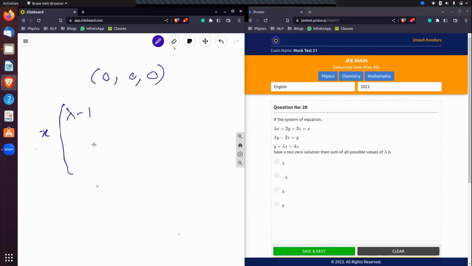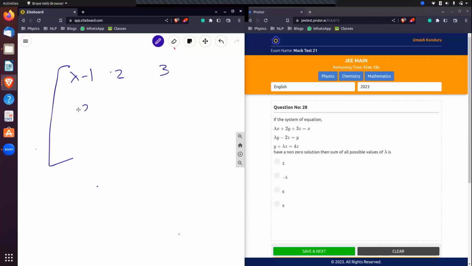Anyway, let's just write down the matrix for this so that it'll be easy to explain. Lambda minus 1, 2, 3; 0, lambda minus 1, minus 2; 0, 1 and lambda minus 4.